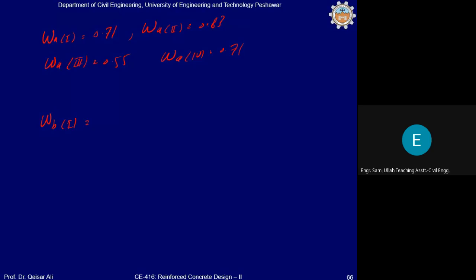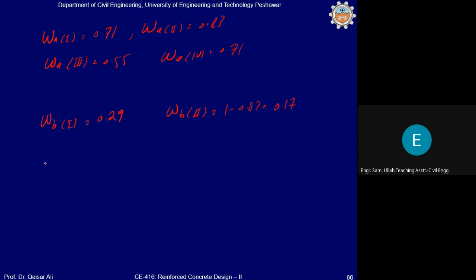So now can you tell me the value of WB for panel 1? What is the value? 1 minus 0.71, so it is equal to 0.29. Similarly, WB for panel 2 is equal to 0.17.